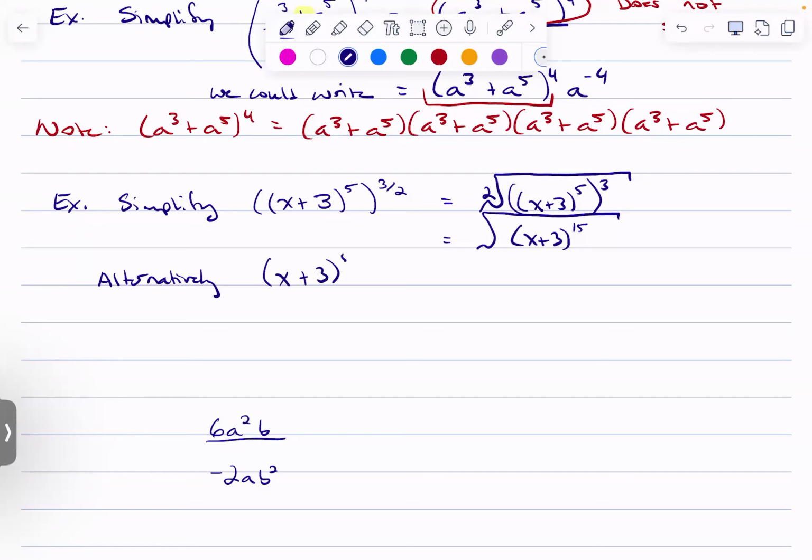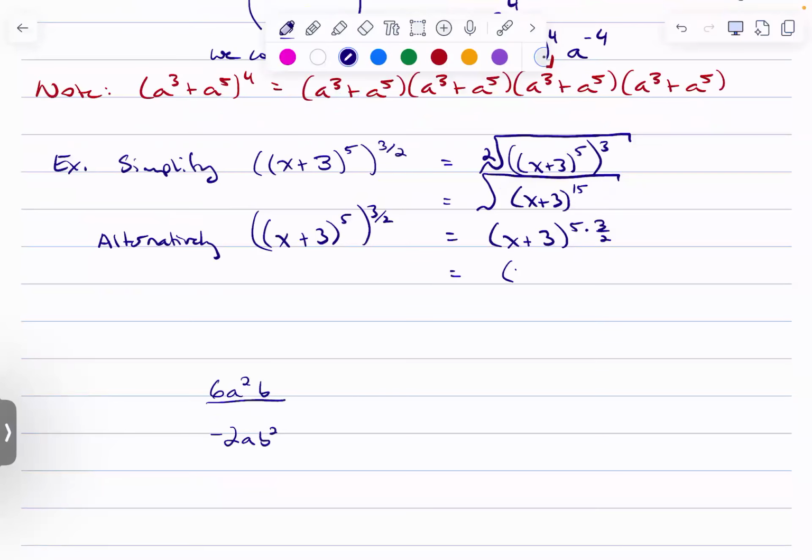Alternatively, (x + 3)^(5 · 3/2), you're allowed to rewrite as (x + 3)^(5 times 3 over 2), which is (x + 3) to the 15 divided by 2.